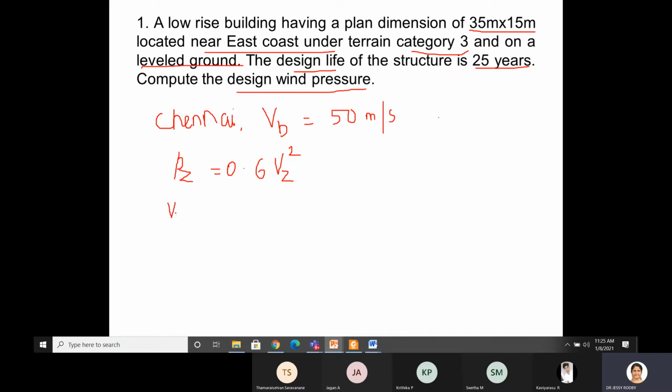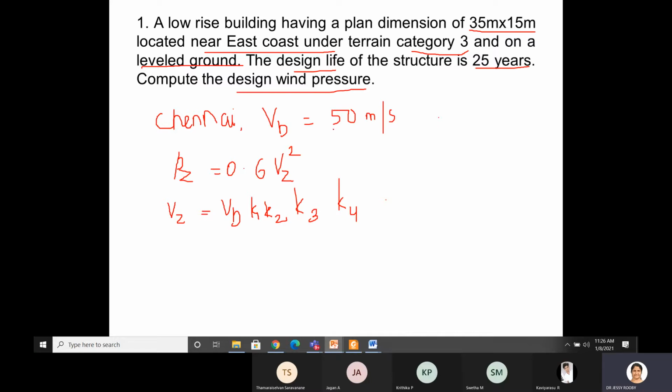So how to calculate the design wind speed? Vz is equal to Vb into K1, K2, K3, K4. This is the equation for the design wind speed Vz.